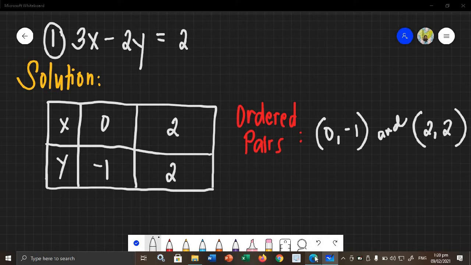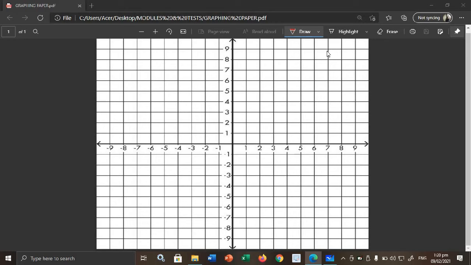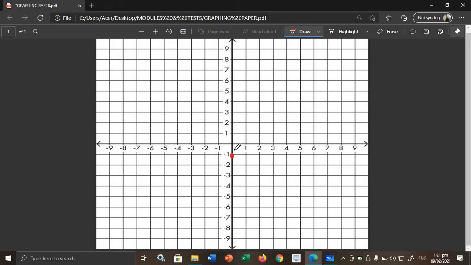So, punta tayo dito sa ating Cartesian plane. So, our first point or ordered pair is equal to 0, negative 1. Okay, 0, negative 1 is along the y-axis. So, dito siya. 0, negative 1.